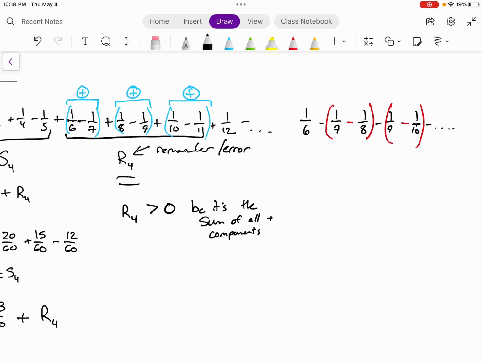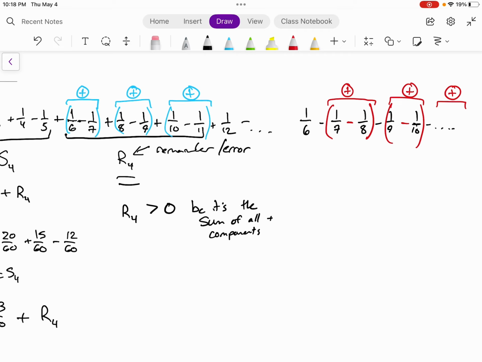If I rewrite my series this way, 1/7 minus 1/8, well, by my previous logic, this is a positive number. And this is a positive number. And the next one would be a positive number, right? If I just pair them off this way, starting with the odd terms and subtracting the even terms, as opposed to the blue guys on the left, where we'd be subtracting the odd terms from the even terms.